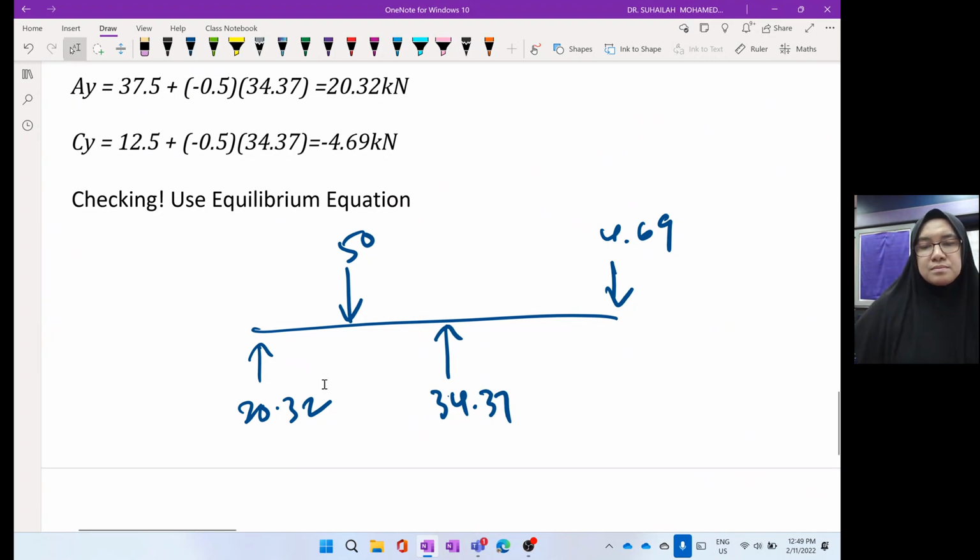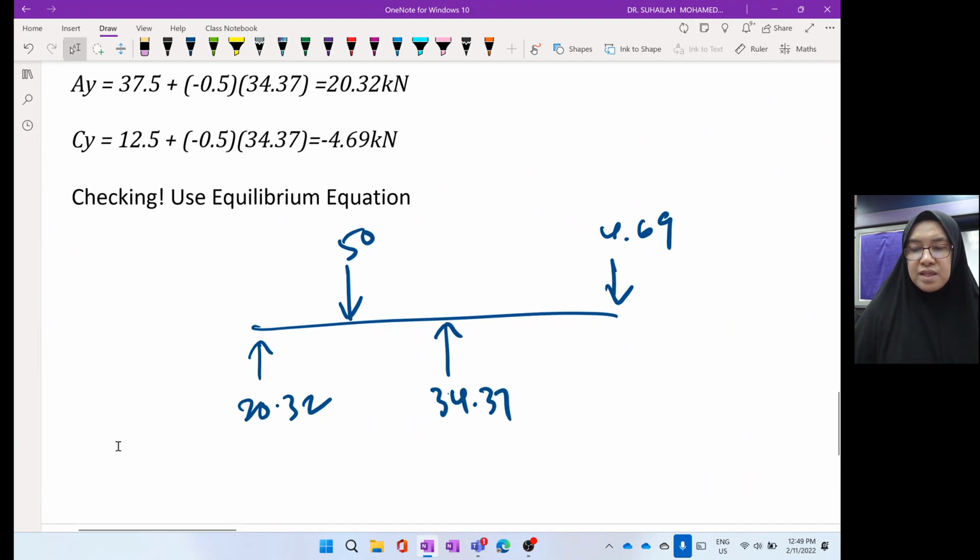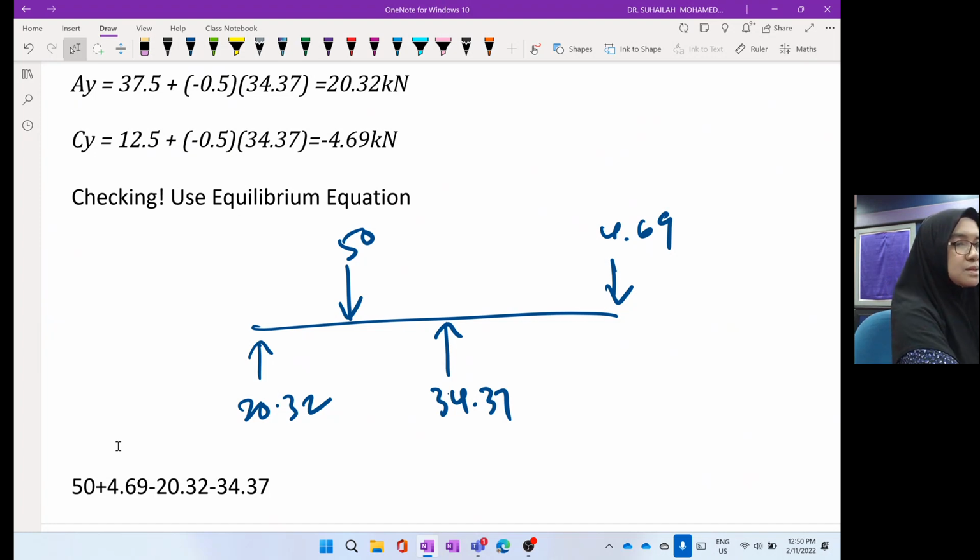What do you get? Zero. Yang ni checking, dia tak minta pun, just for you to check.